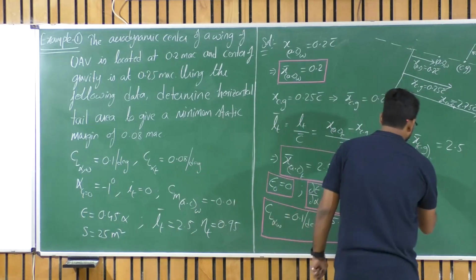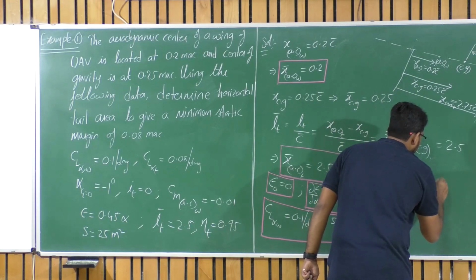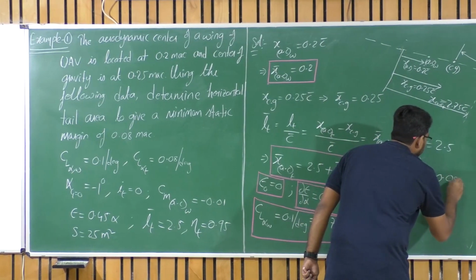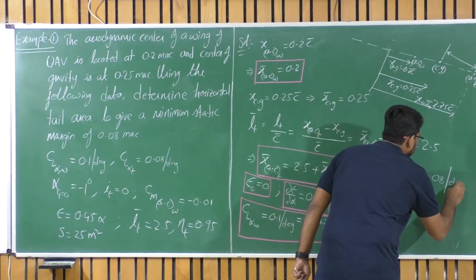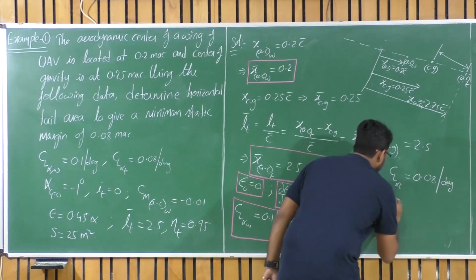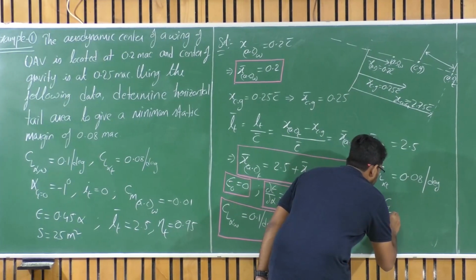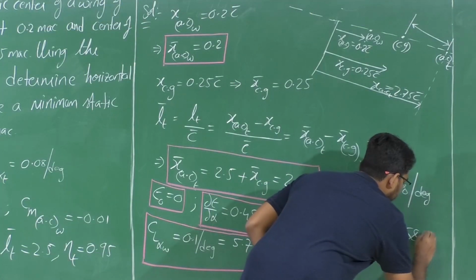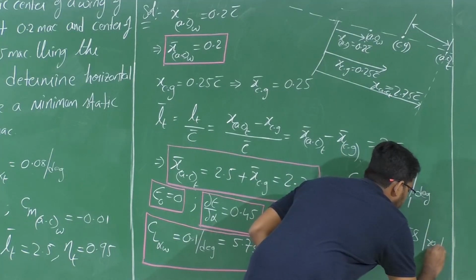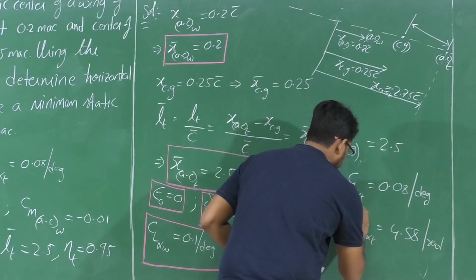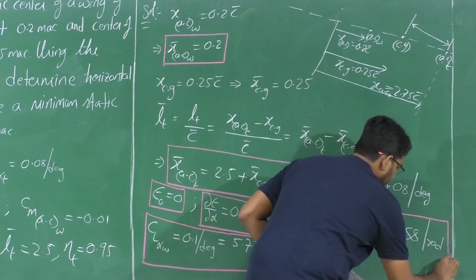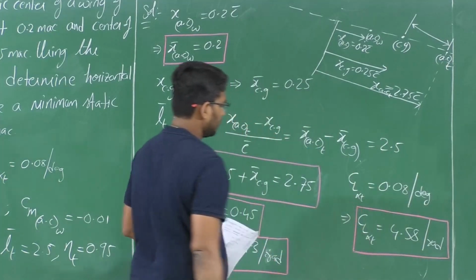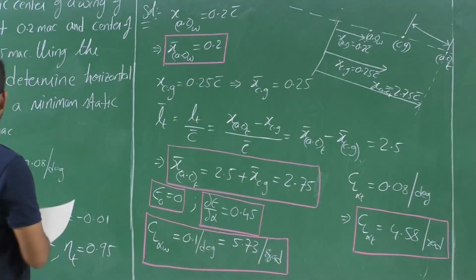CL alpha of tail is given as 0.08 per degree. So this is equal to 4.58 per radian. Okay. This is one of the parameters that I require to solve this problem.